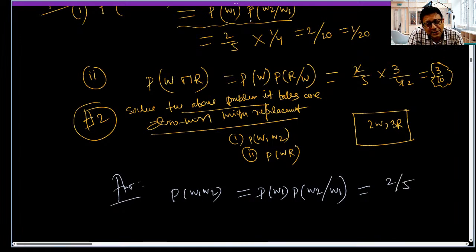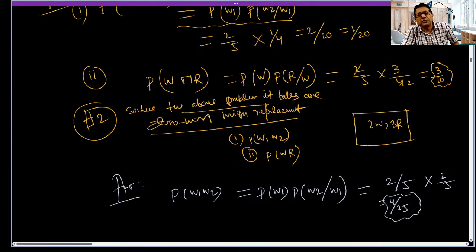Isn't it? Second one white, you returned it back. So it will remain 2 by 5 only, that is 4 by 25. Am I clear? Understood? So P(W1 intersection W2), I mean joint occurrence of two events, is 4 by 25.